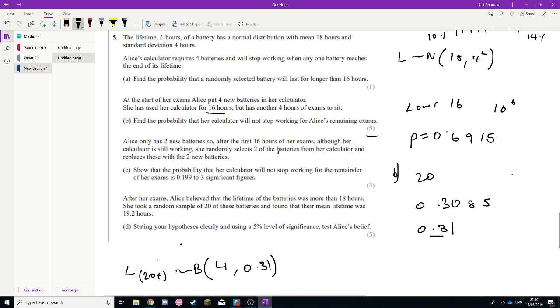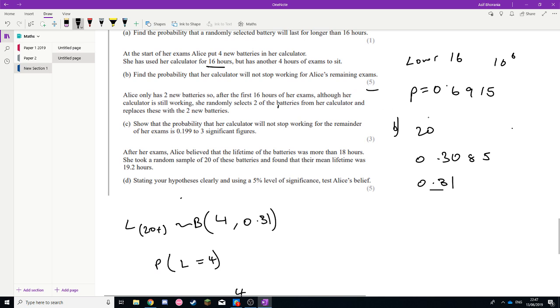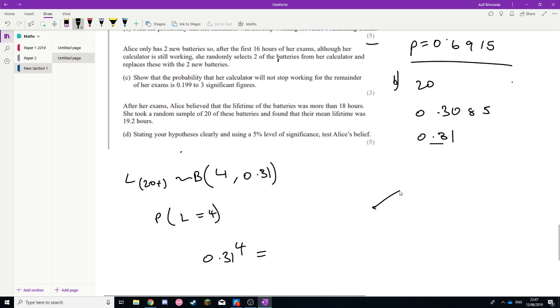Okay, so now I'm thinking this. From part A, we know that the probability a battery survives for 16 hours is this. Now my working out for a battery. A battery can survive 16 hours or cannot survive 16 hours. Yeah, it dies.